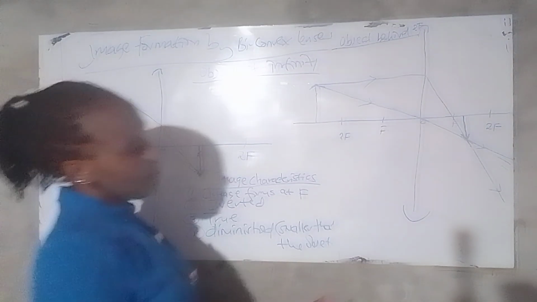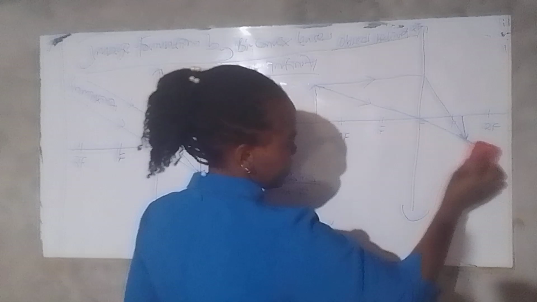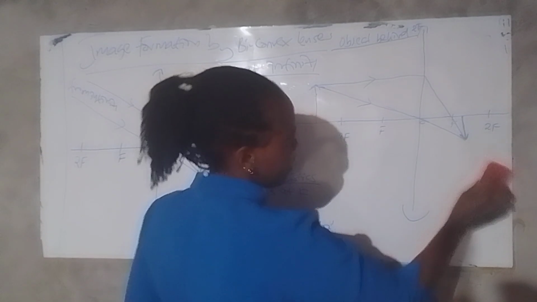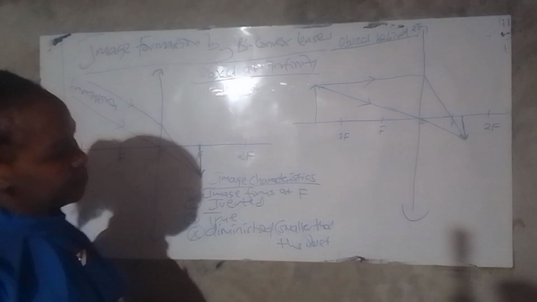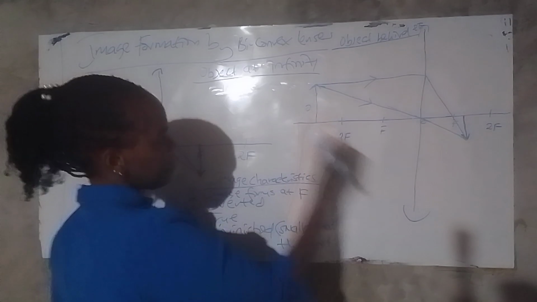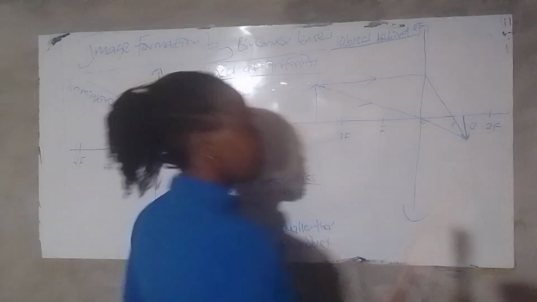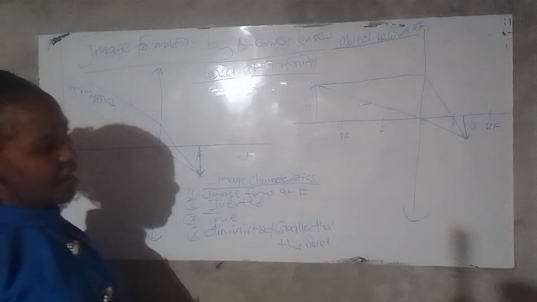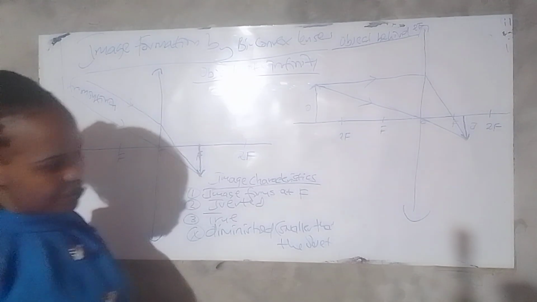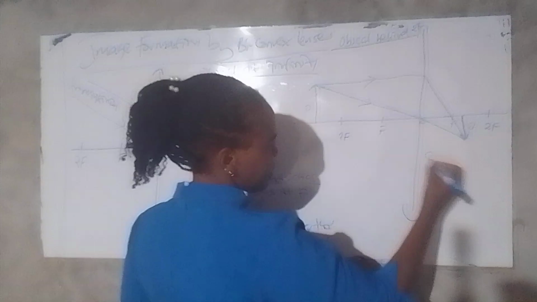Okay. Now I can remove these lines. When you look at that, that's our object, and that's our image. What would we say are the characteristics of that image? So let's look at characteristics.